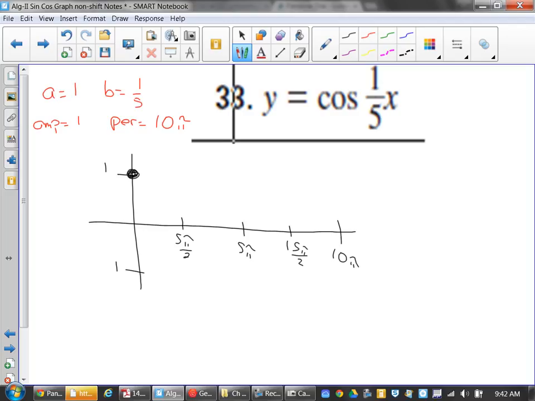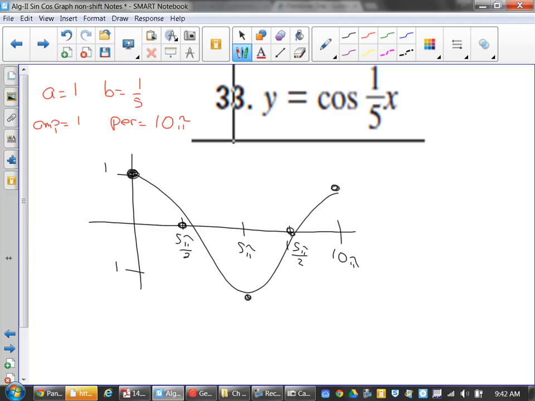If you substitute in here, you get 5 pi over 2 times 1/5, which becomes pi over 2. Cosine of pi over 2 is 0. It's multiplying by that scale factor. Your B value is some scale factor. So it just works its way down and back up, and there's your cosine graph.